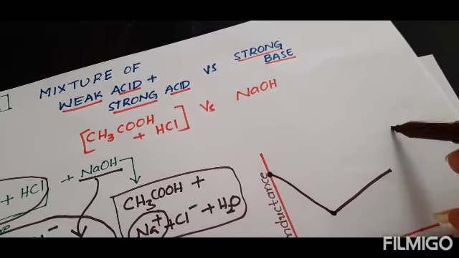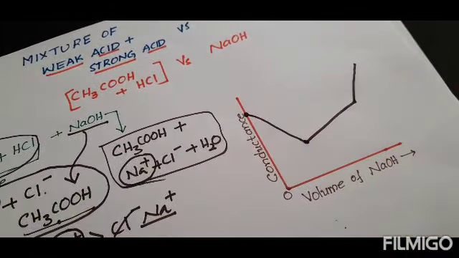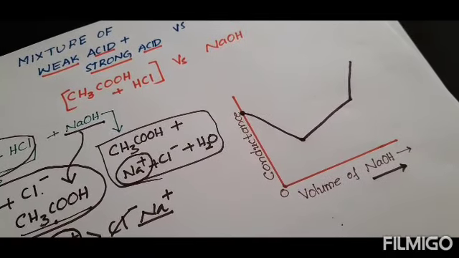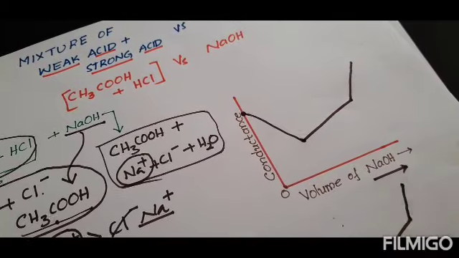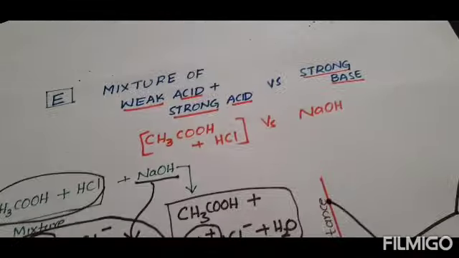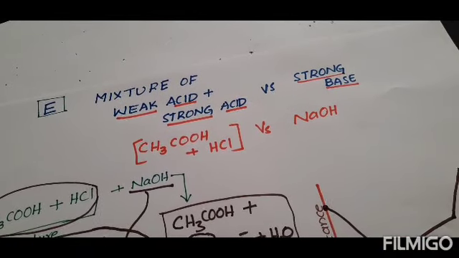Then there is a great increase due to the addition of NaOH further, since NaOH has Na plus and OH minus. So a decrease, a slight increase, a great increase. This is the graphical representation for the mixture of weak acid, strong acid versus strong base.